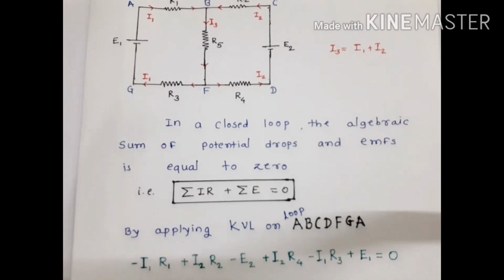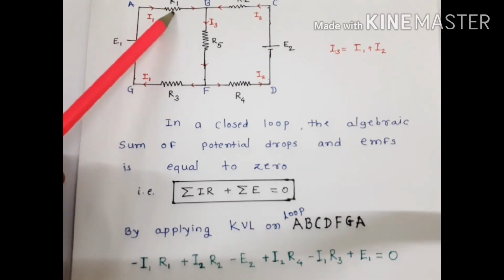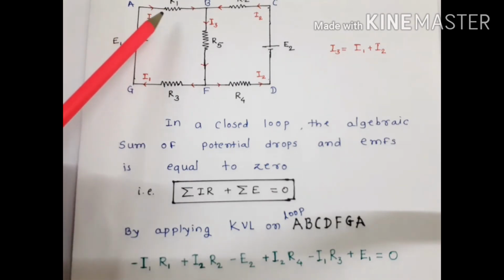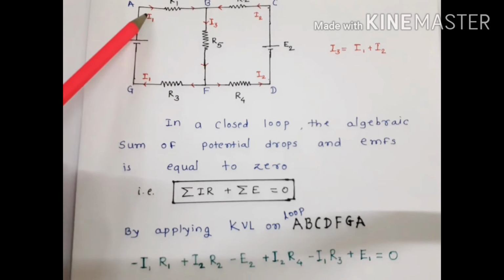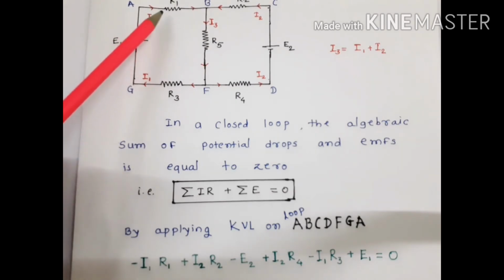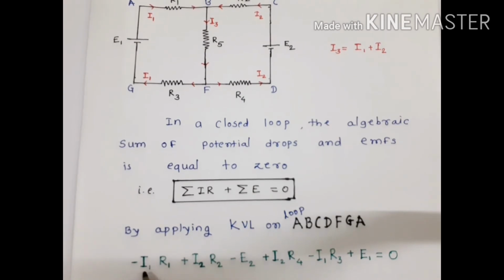Let us start to trace the closed loop from A to B. While tracing from A to B, we come across R1, and along this path AB we follow the current. Therefore, the potential drop across R1 is taken as negative, so it is minus I1 R1.